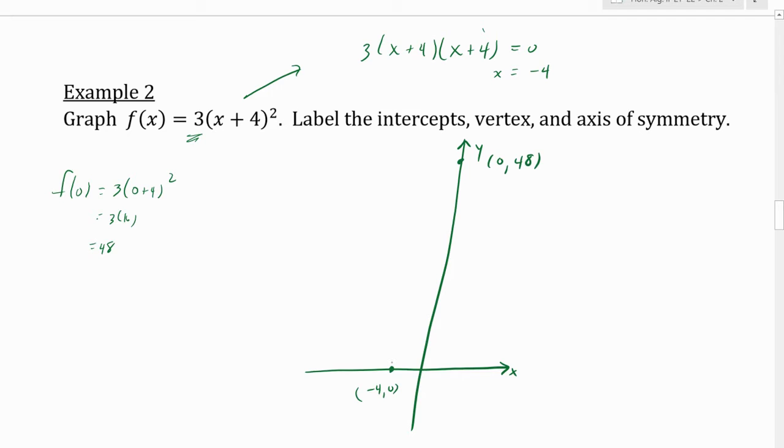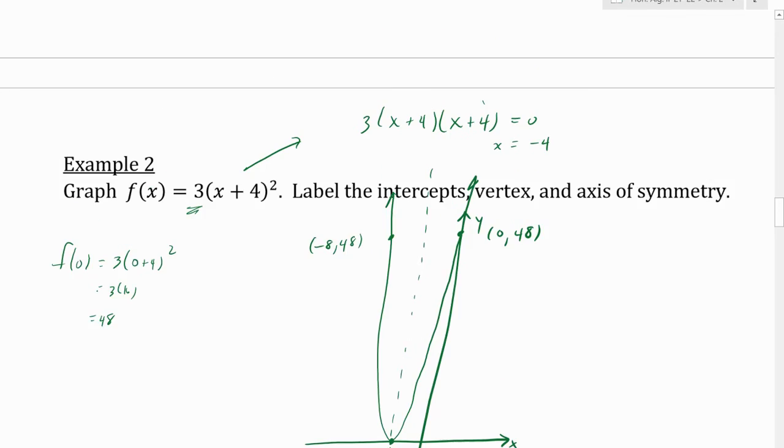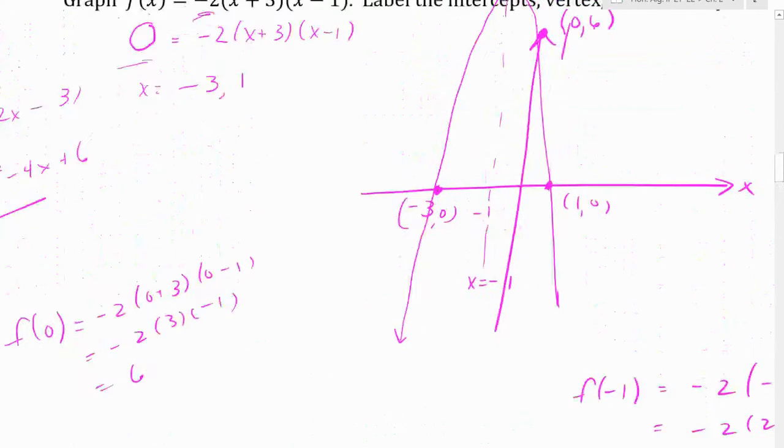And here's the thing, if it just touches right there, that's got to be the middle of it, because there's going to be another point over here that lines up. So x is -4. It's got to be the axis of symmetry. There's the vertex. There's going to be a point right here. If it was a distance of 4 here, it's going to go 4 there. That's going to be at -8, 48.